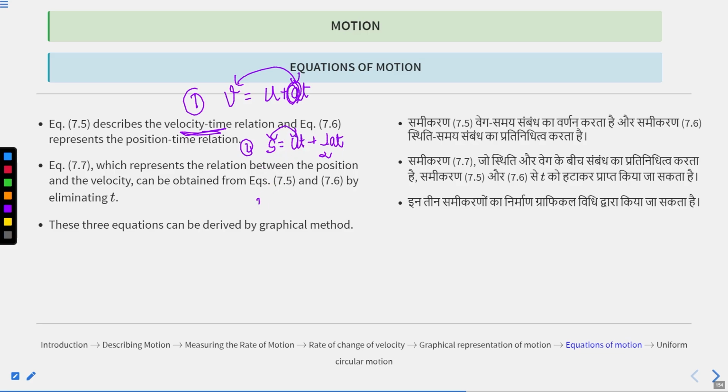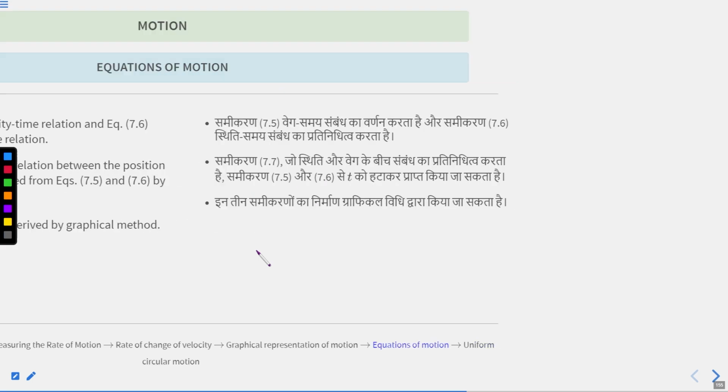And the third equation is the mixture of both equations where we eliminate the t variable. Okay, v square equals u square plus 2as. No time period here. These three equations can be derived by graphical method. Now we are going to derive these three equations using graphical method.